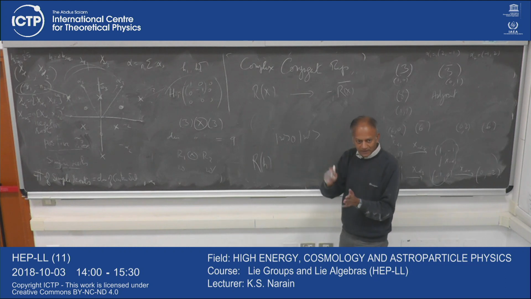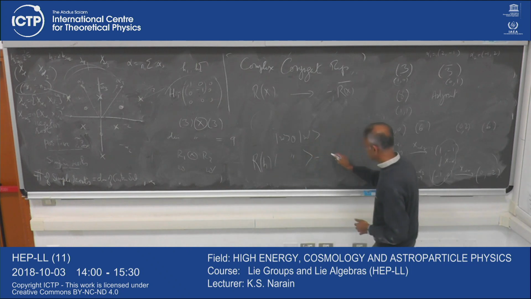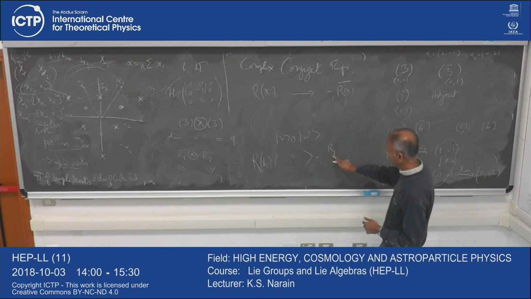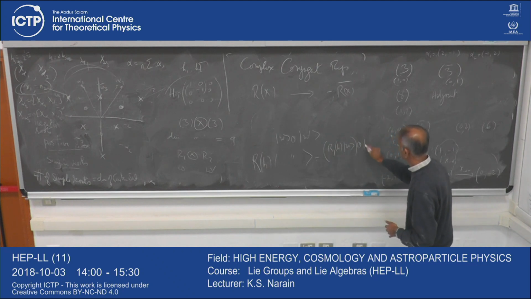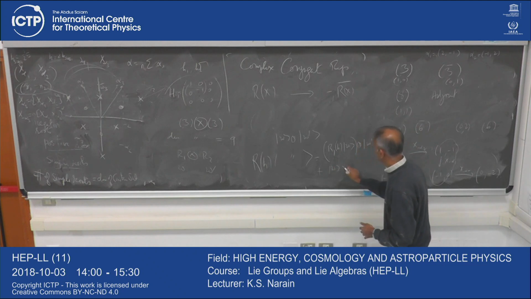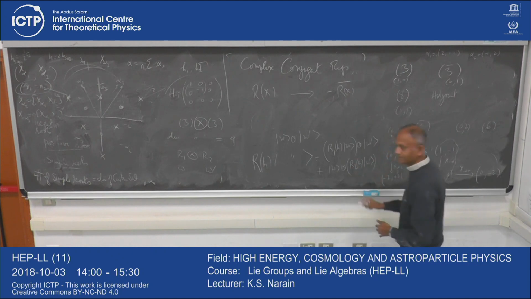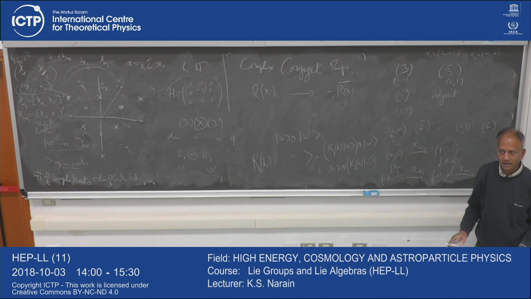At the Lie algebra level, it acts as a sum of two terms, right? So this acting on that is the same as R1 of H, the first representation, acting on W times W prime, plus W times R2 of H acting on W prime. That is the way the Lie algebra elements act, right?